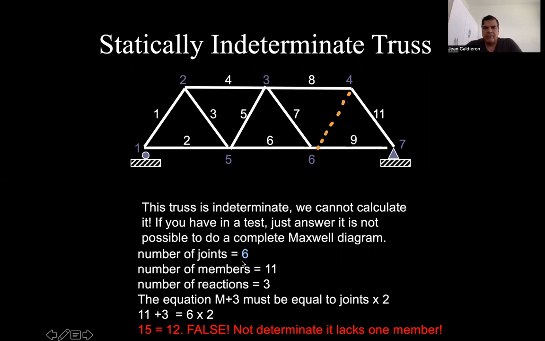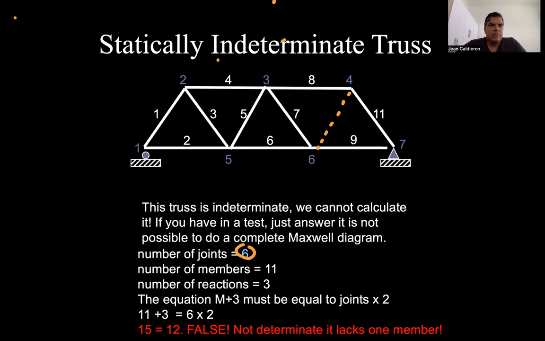Well, we have the same number of joints, 6, but we have a number of members that is inferior. Well, when we do this particular equation, we realize that it also is false. It's not working. Well, it's indeterminate.